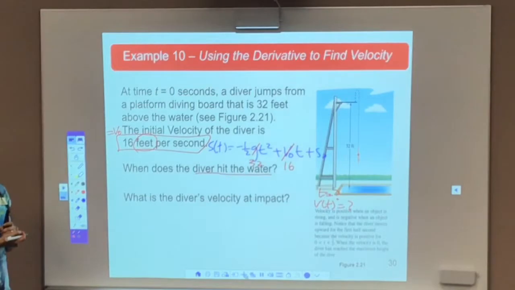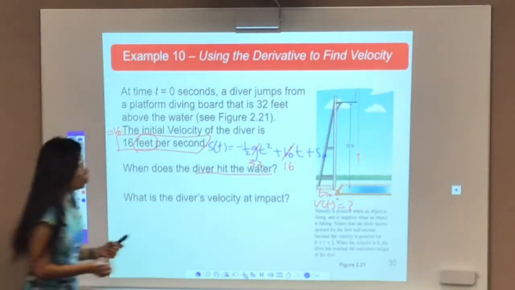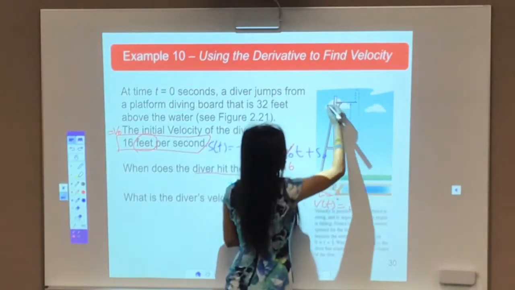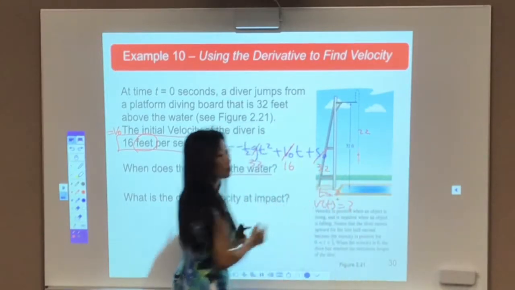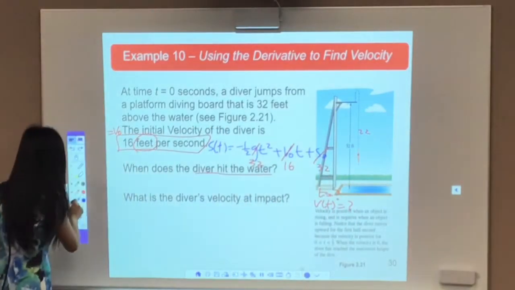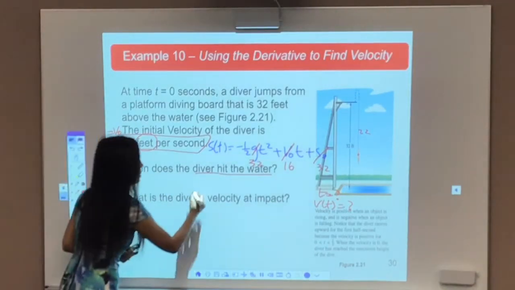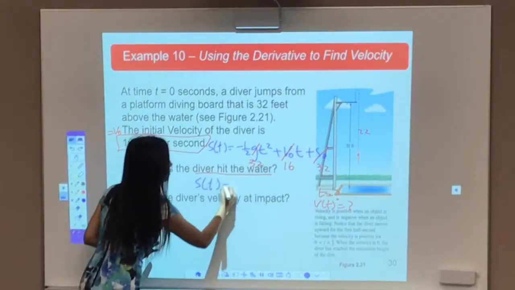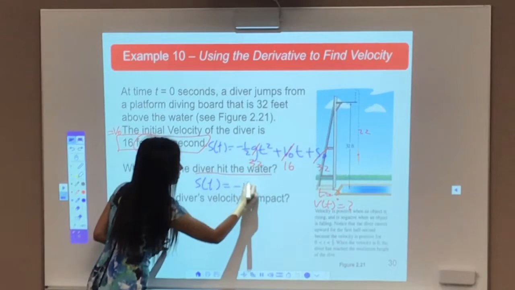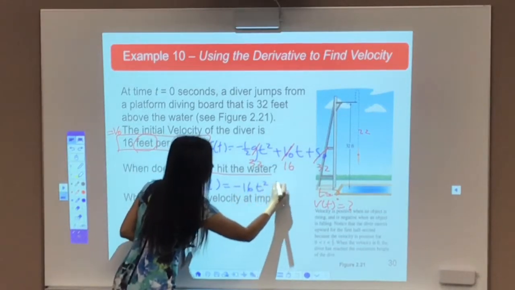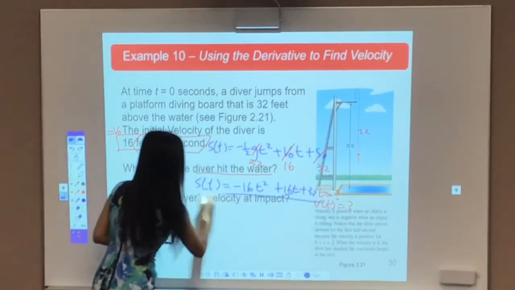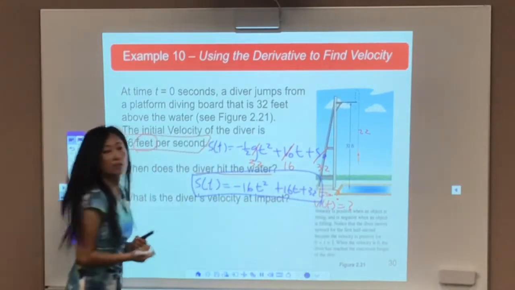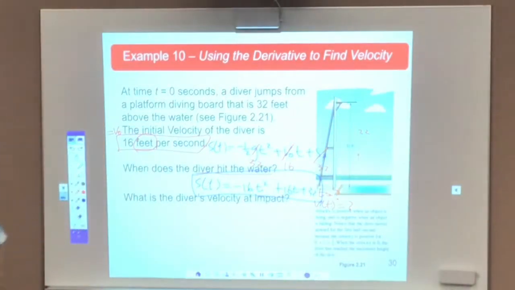What else do you know? What is my initial height? 32, because it says 32 feet above the water. So I can change that into 32. So what is my new equation that I can use? S of t is equal to negative 16 t squared plus 16t plus 32. Is everybody with me?